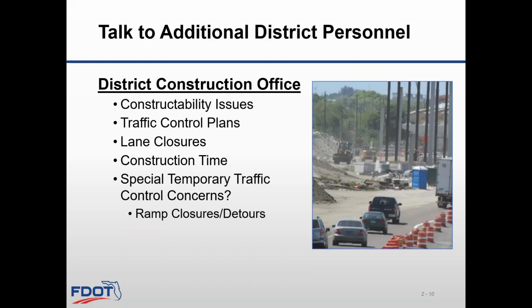The District Construction Office should be involved to determine if there is any specific information that needs to be included in the plans, such as special construction details or issues that need to be addressed with regards to constructability and construction time. Some of these items may include base types, stabilization, temporary traffic control plans, construction times, etc. Concrete rehabilitation projects usually require closing 2 lanes at a time, mostly night work.